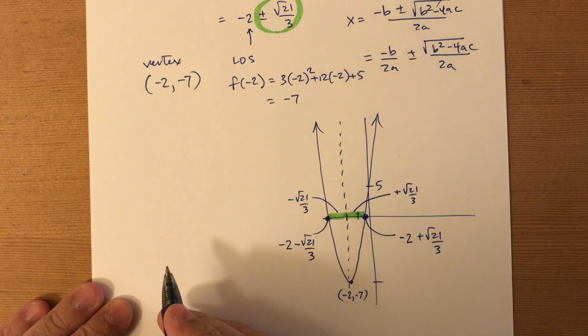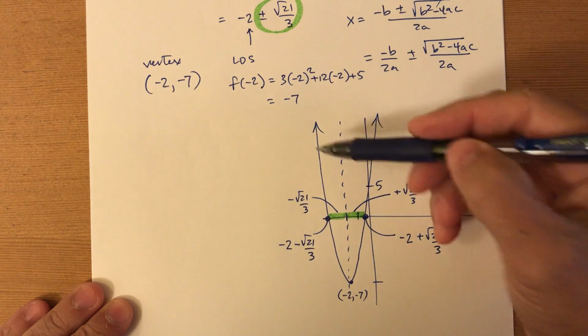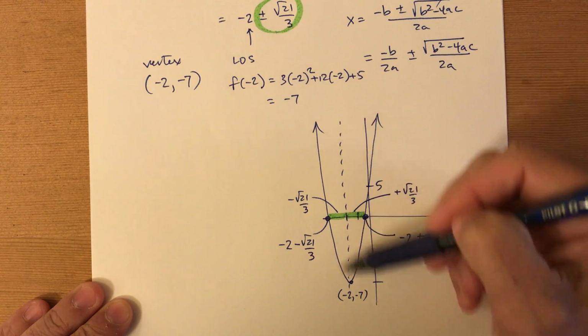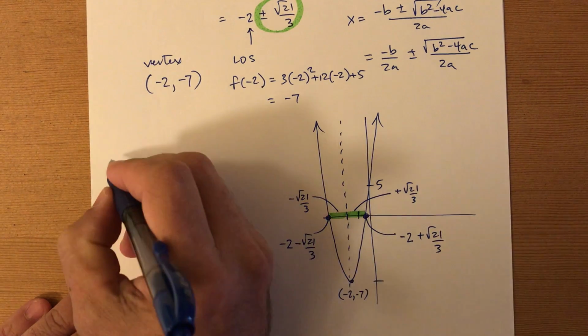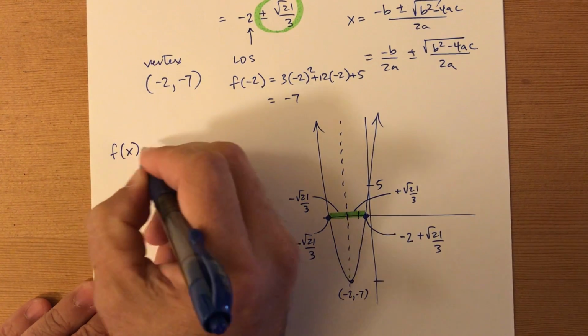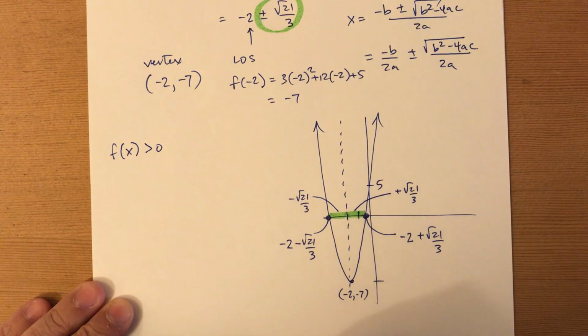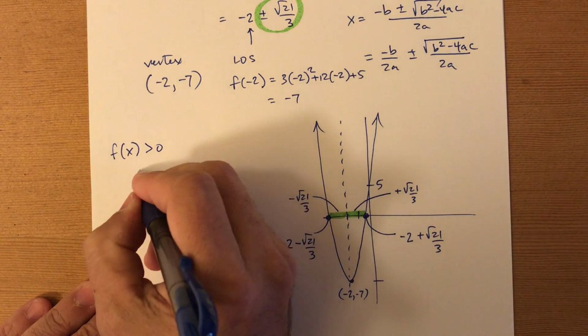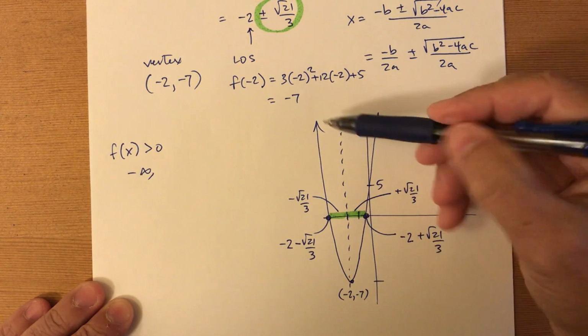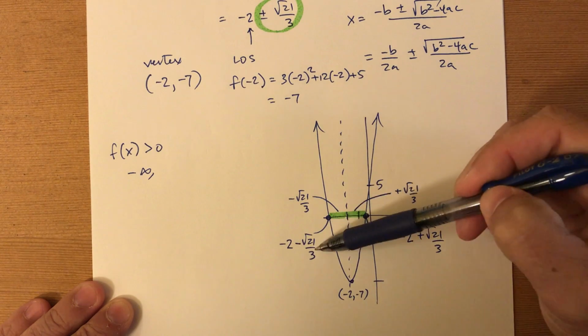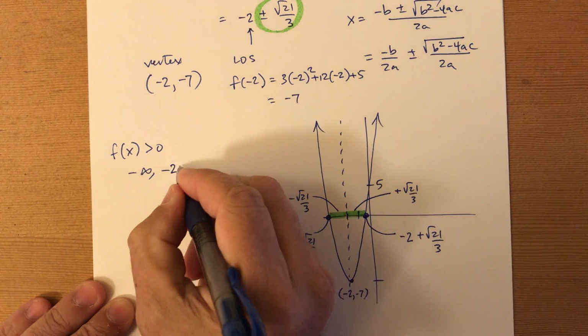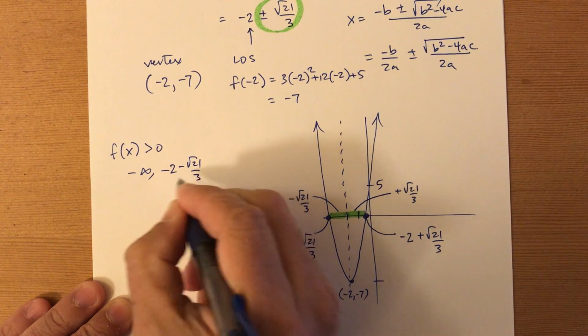Real quick, I'm not going to talk about when it is increasing or decreasing here, because that just uses the vertex and that should be really easy for you. What I do want to show you is, what if I asked, when is f of x greater than 0? Then I'm going to have to go from negative infinity on the x values all the way down to this point right here, which is negative 2 minus the square root of 21 over 3.